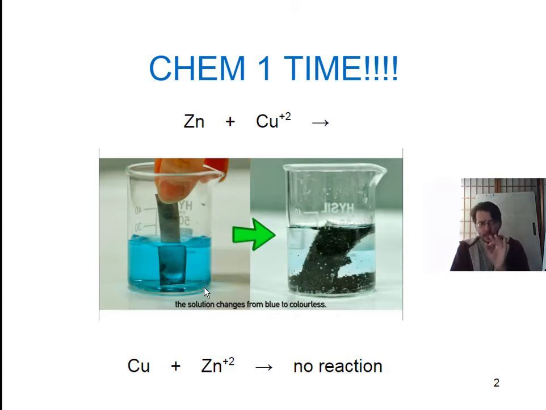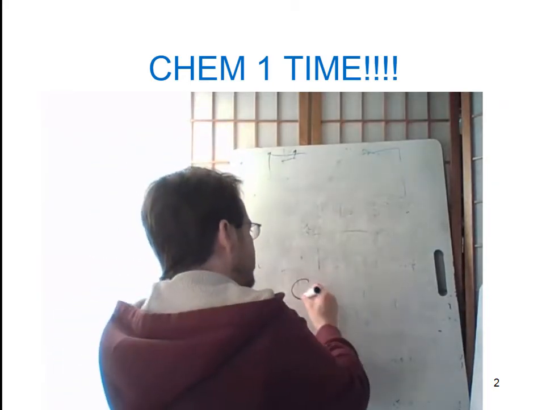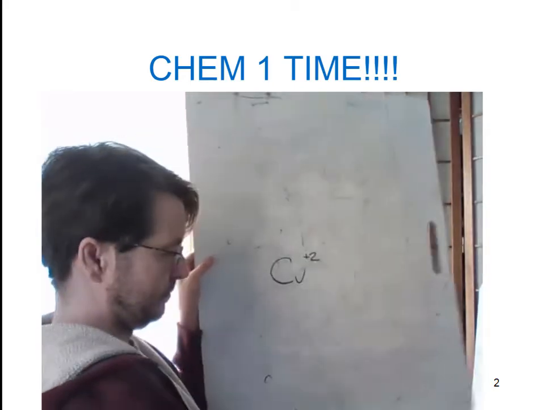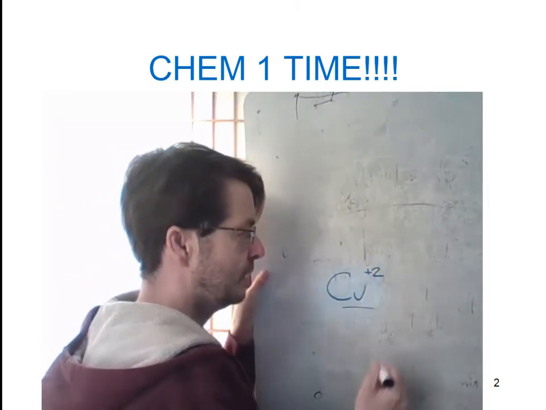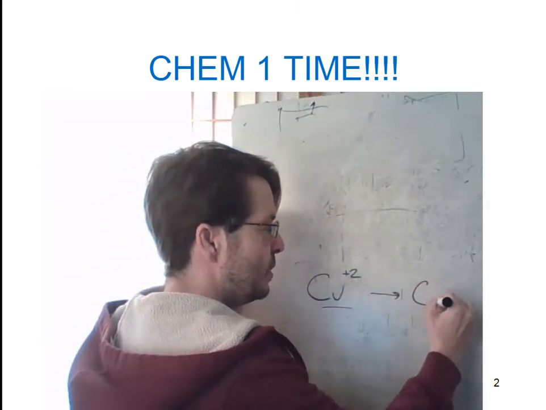So the copper ions, copper plus 2, has now become copper metal, Cu. What's happened? The copper has gone from copper plus 2 to copper that is uncharged. So that plus 2 charge has been eliminated somehow. And what's happened in that case is that somehow that copper plus 2 has become a copper with no charge.